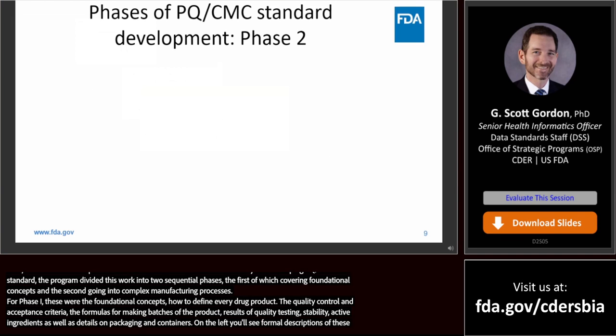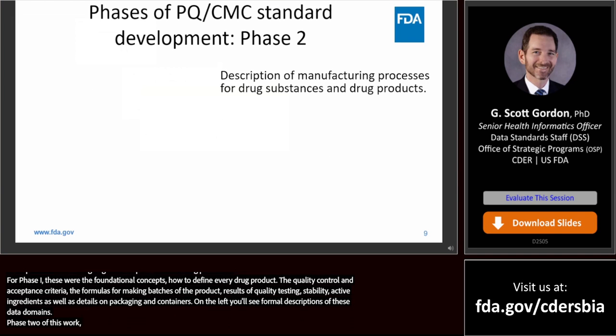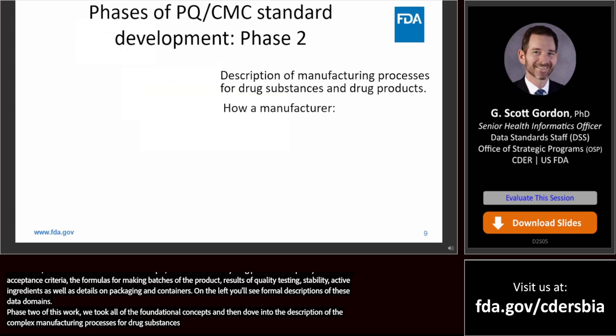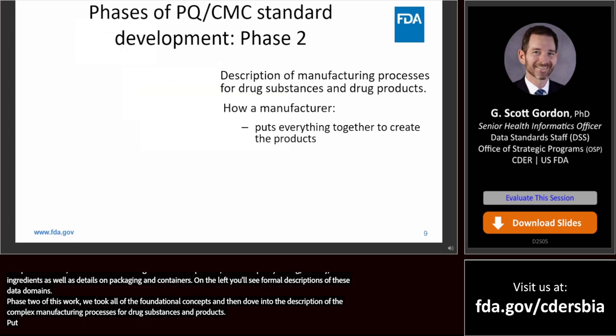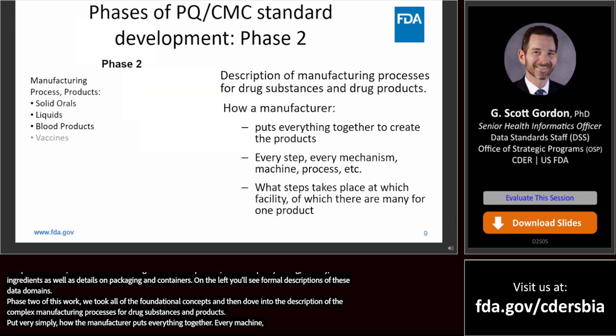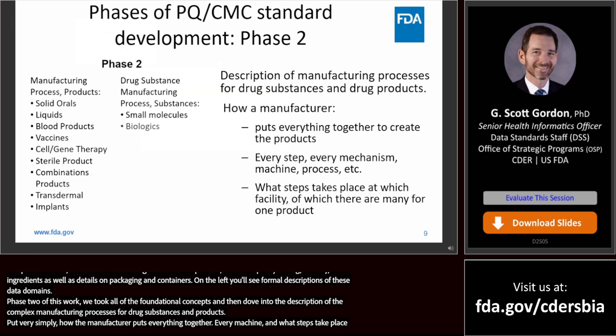Phase 2 of this work then took all those foundational concepts and then dove into the description of the complex manufacturing processes for drug substances and drug products. So put very simply, how a manufacturer puts everything together to create products. Every step, every mechanism, machine, process, etc. And what steps take place at which facility, of which there are many for one product. And this phase is being done in a more iterative fashion.